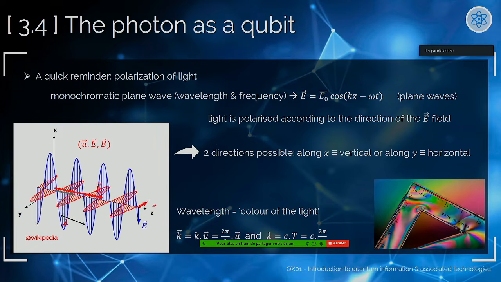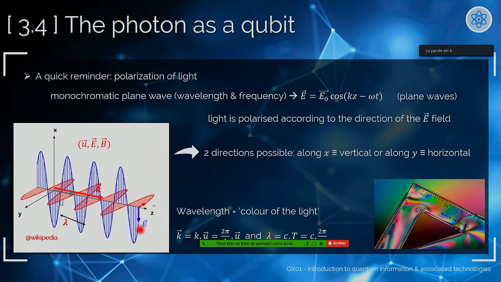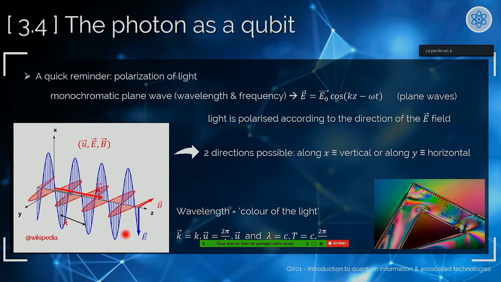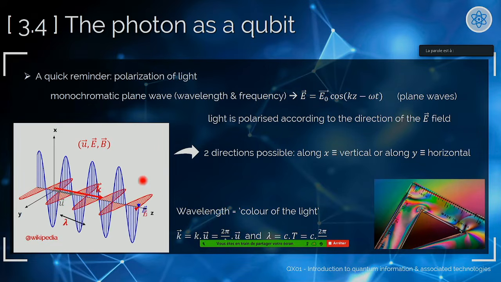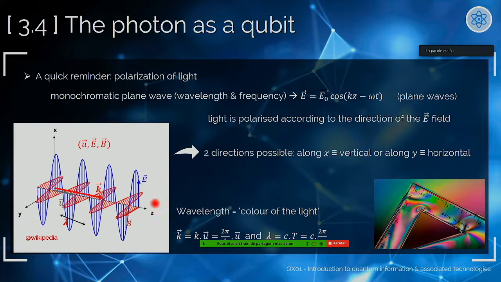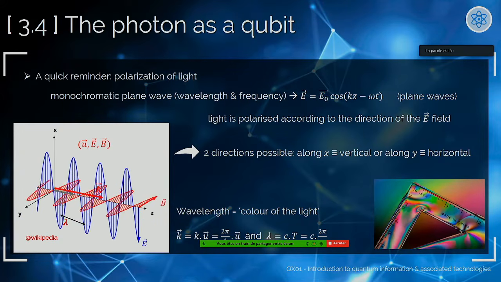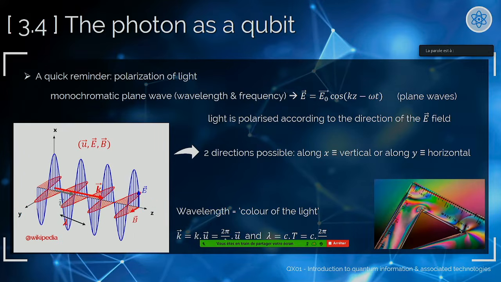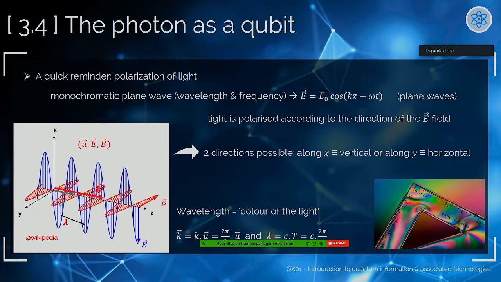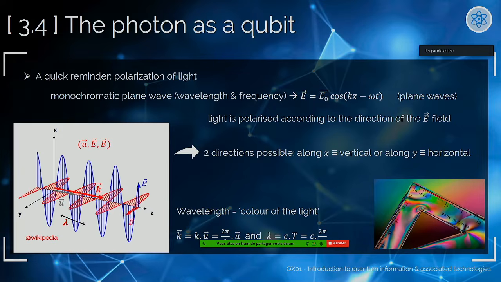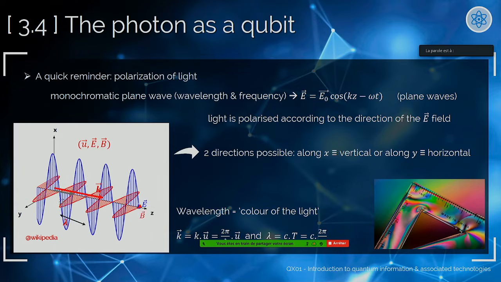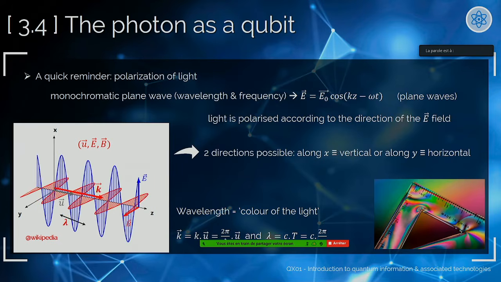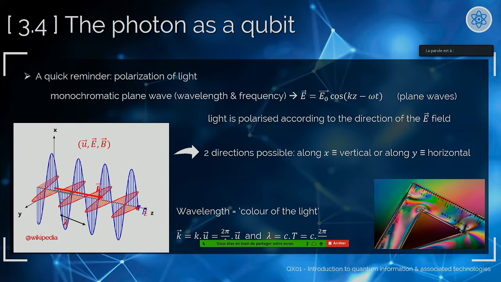And as we can see here, that means that typical polarized light can have two components, one along the x-axis or one along the y-axis. Okay, so it can oscillate. If the wave propagates towards you, so z propagation, it can oscillate along x, so that would be a linear vertical polarization, or along y, and that would be a linear horizontal polarization. Okay.